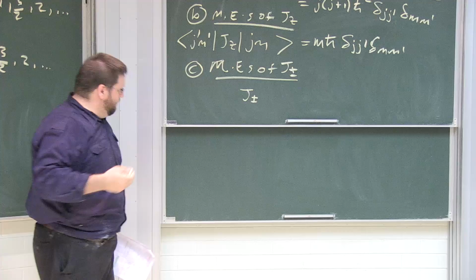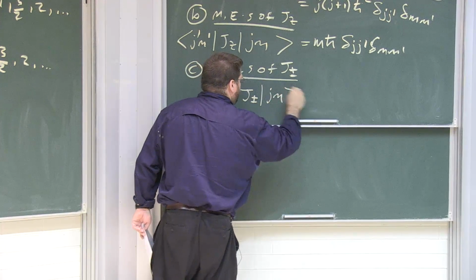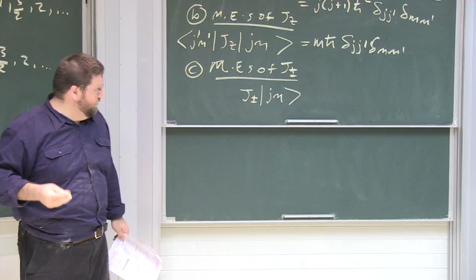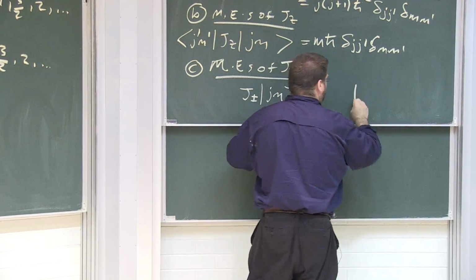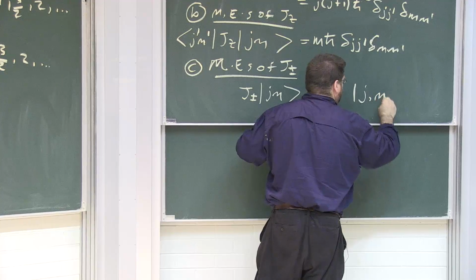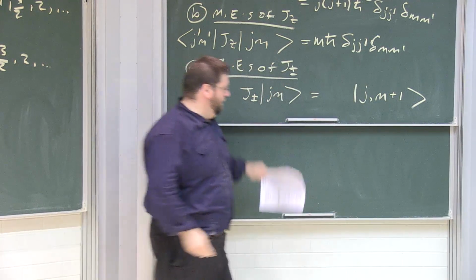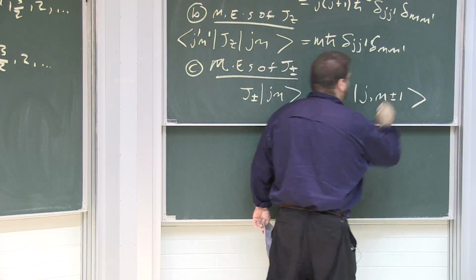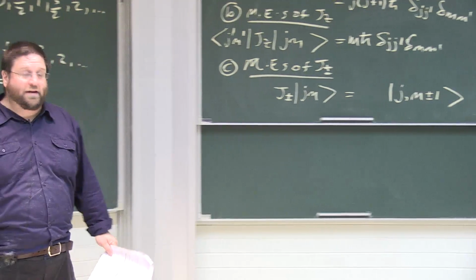We know that the J plus operator, when acting on our generalized spherical harmonic, raises the value of m by 1. We know that J minus lowers it by 1. But I want these sets of jm's to be orthogonal and normalised.